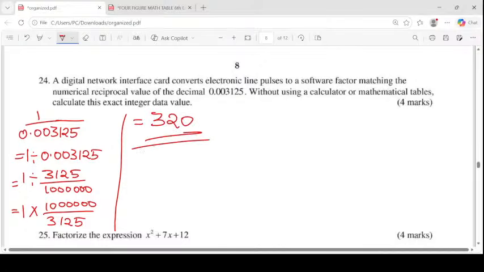That is the solution to that particular question. Remember, they said without using any calculator. Because they said without using any calculator, you just simplify. Then you get your answer. As simple as that.